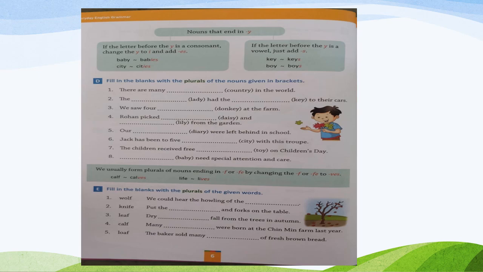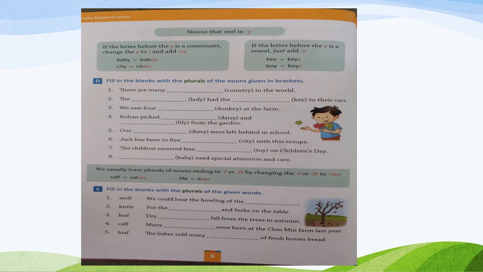In the same way you will do all the sentences, where you have to check whether the letter before Y is a vowel or a consonant. If it is a consonant, remove Y and add IES. If the letter before Y is a vowel, leave the word as it is and just add S.